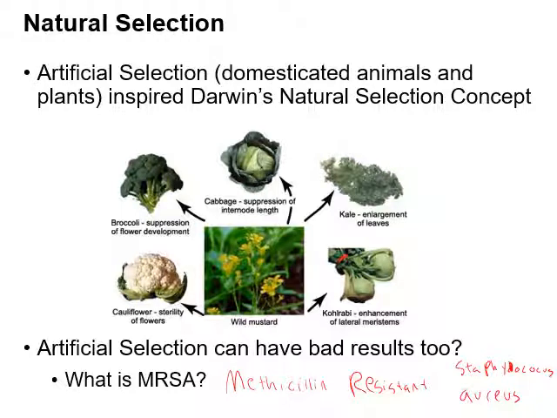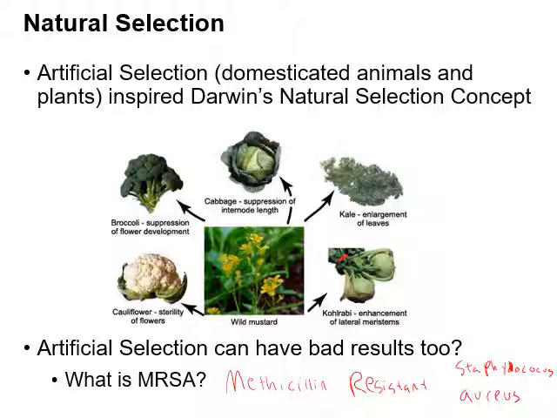So Staphylococcus aureus is a bacteria. It is a common infectious bacteria in humans. And methicillin is a type of antibiotic. It's something that we use to fight and kill off bacteria. So methicillin-resistant Staphylococcus aureus means a type of Staphylococcus that will not respond to methicillin.